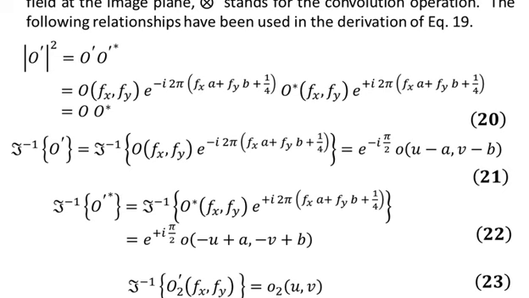So these are also self-explanatory, because we have the Fourier operator with the multiplication of the phase term over here, which would correspond to the shifted image. And the shifted image is O, within the parentheses we have u minus a comma v minus b, that is, we have used the shifting theorem over here. So this is equation number 21 that we have explained.